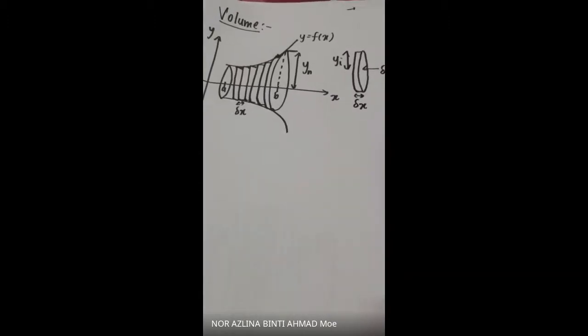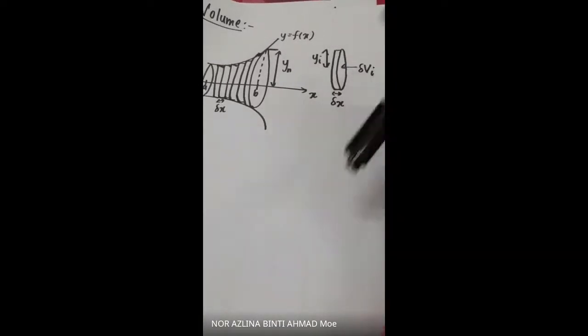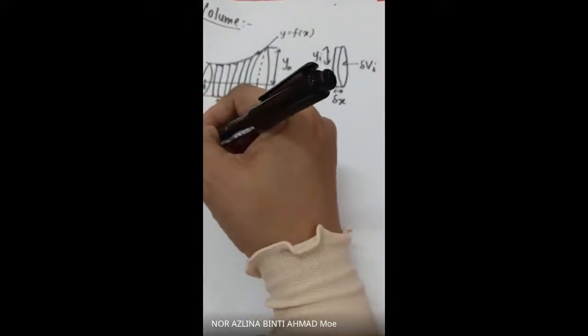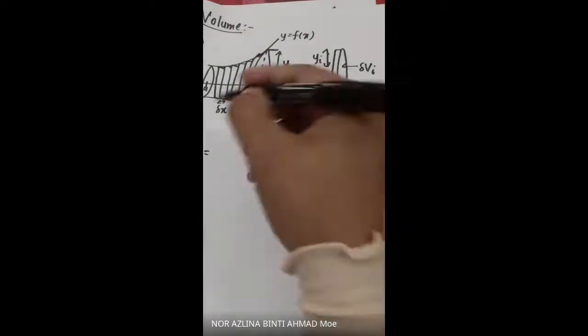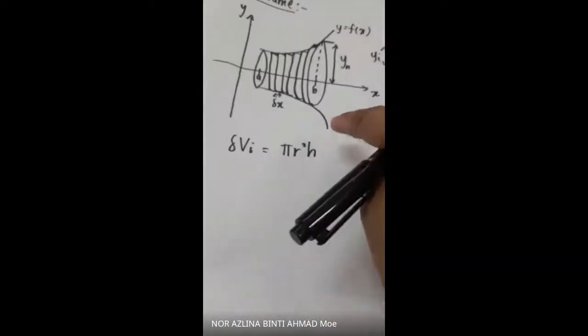Jadi sekarang nak cari volume of each cylinder, volume bagi setiap silinder. Silinder dia punya volume apa dia? Pi r squared h. This is the volume of cylinder.